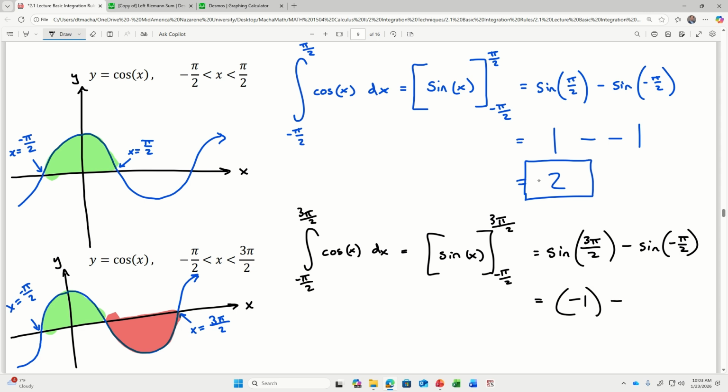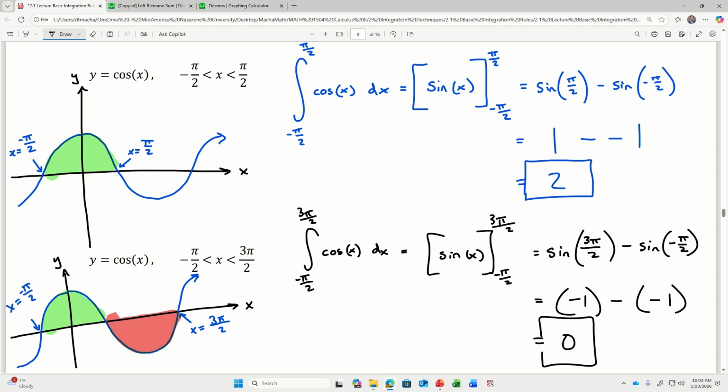And we already said that the sine of negative pi over 2 is negative 1. And so I'm going to have negative 1 minus negative 1, which is 0. And that makes sense, right? Because the positive area cancels out the negative area, and they just annihilate each other in the total.